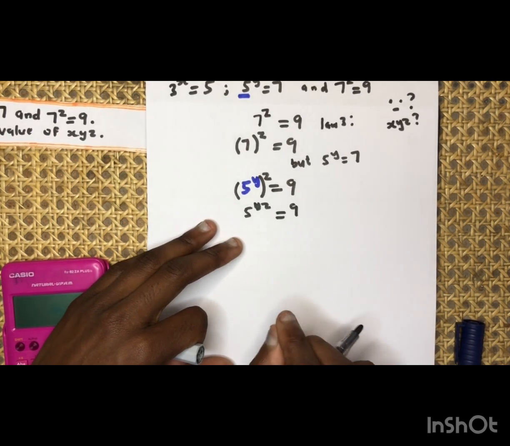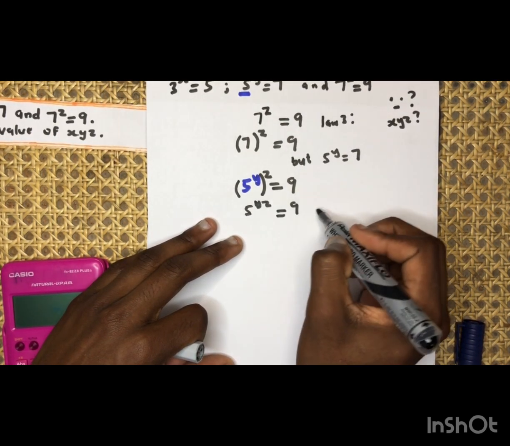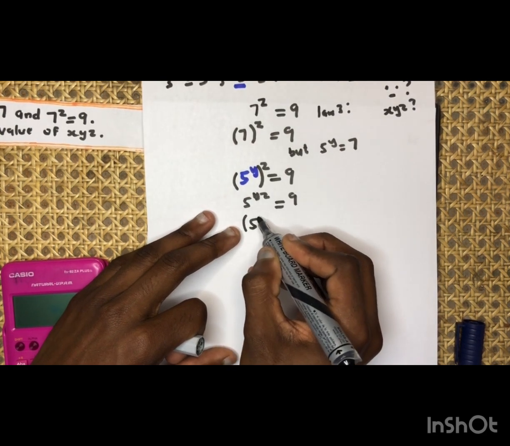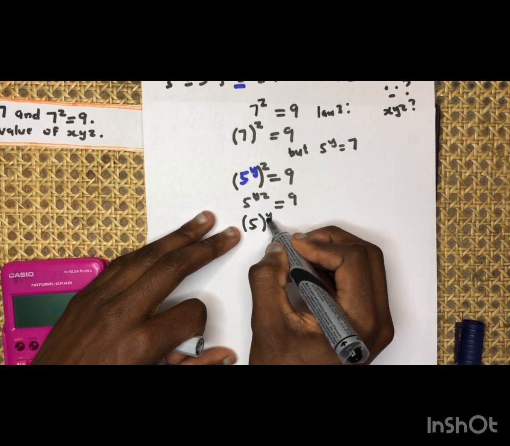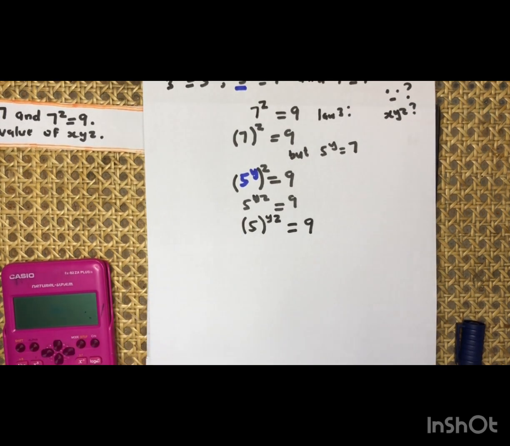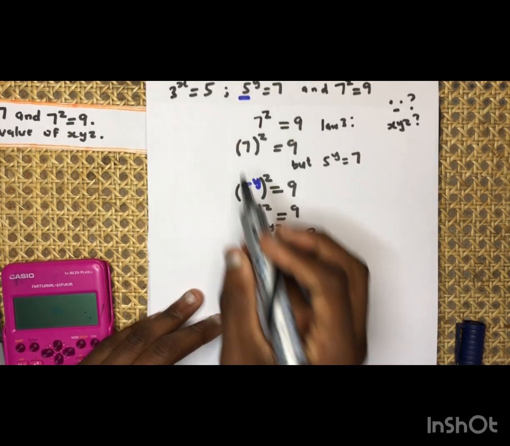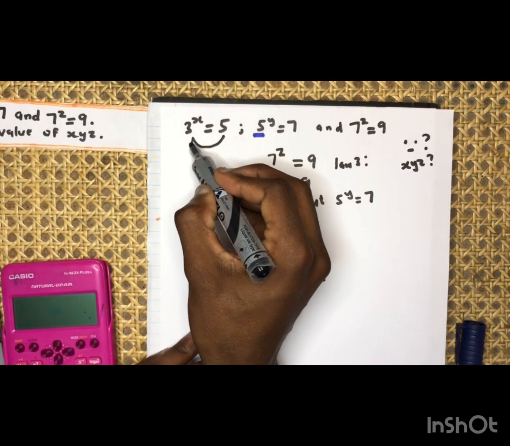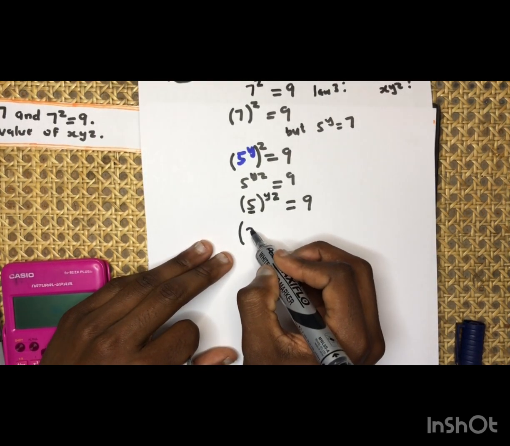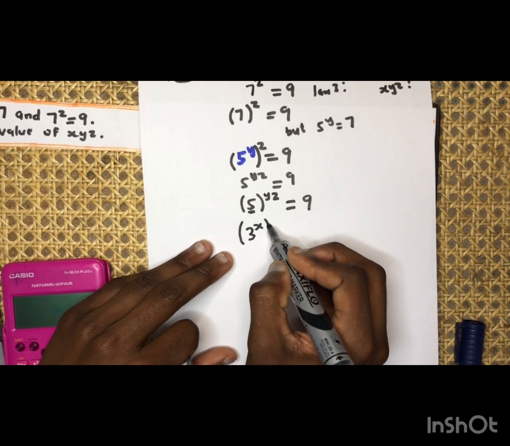Now we only need 3. So now I will apply again law number 3. I will open my brackets and put 5 inside, then I put my yz outside equals 9. So good people, we know that this 5 was given to be equal to 3 to the power x. So now I can make it easy and substitute 3 to the power x in place of 5.